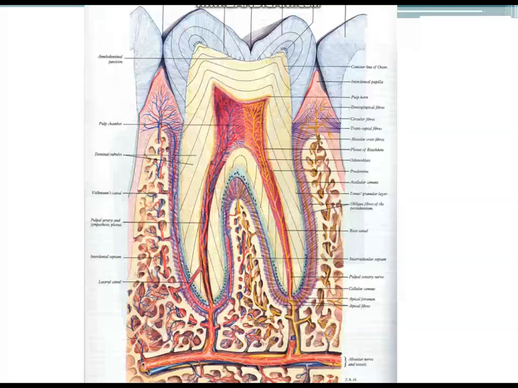These are first, third, and 12th type of collagen, also glycoproteins and proteoglycans. In cementum, we can find regions rich in cells, that is cellular cementum, near the apex of the root, where we can distinguish individual cells, and acellular cementum, which is near the neck region of the tooth.